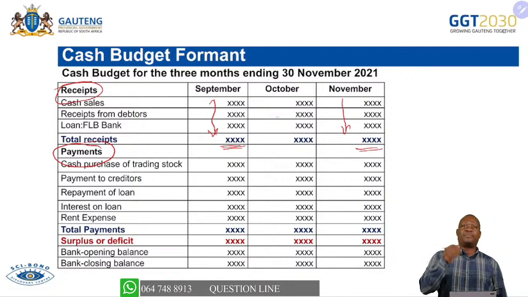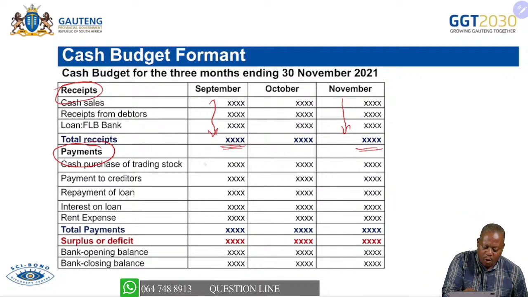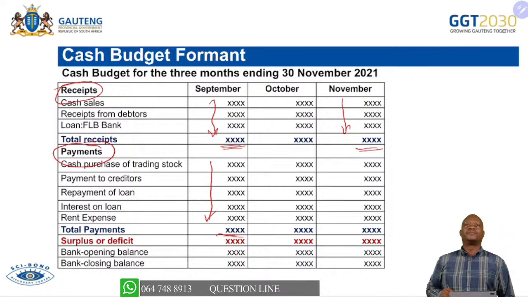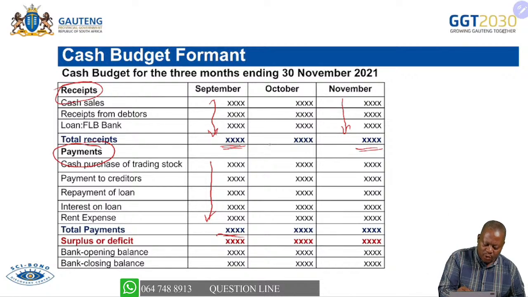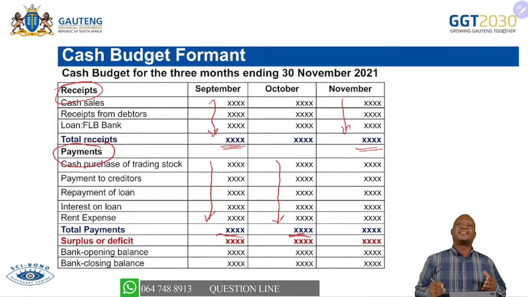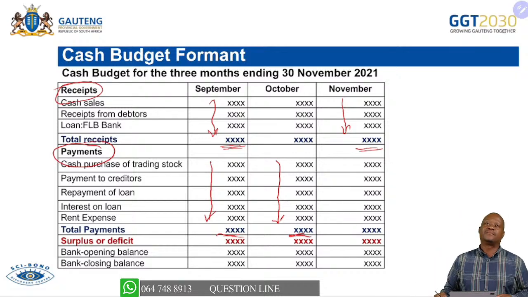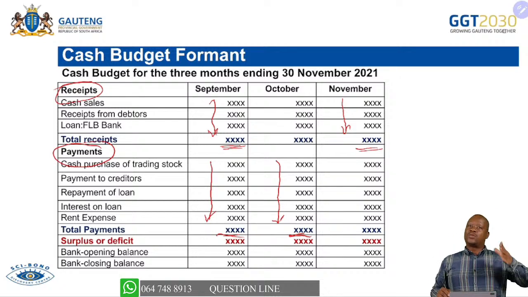But the most important thing is we are taking all the items that make up our payments part to find the total. So there we are. Total payments. We can also do the same in October by adding everything until this point, and then we are going to get our total payments. Simple. Two sections. Receipts, payments.